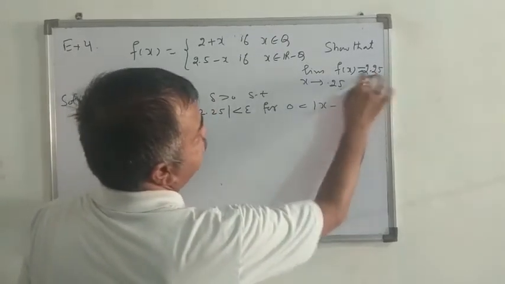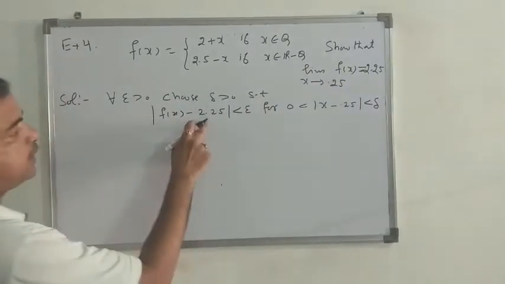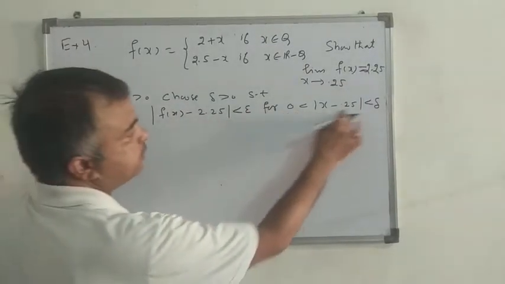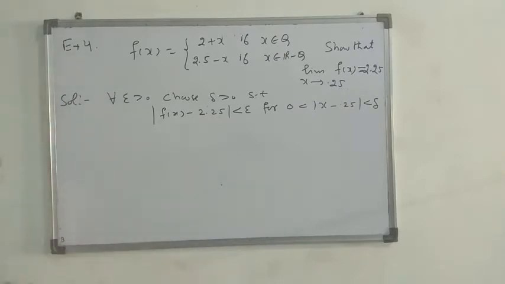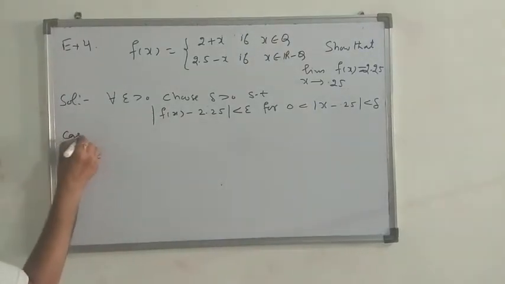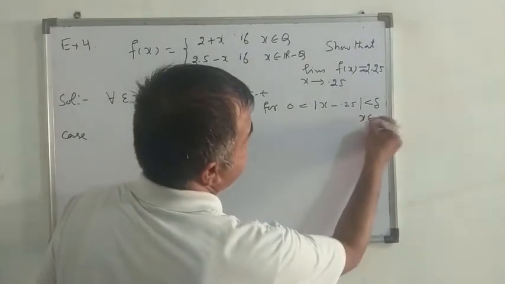Here this is the value of L, this is the value of c. So |f(x) − L| < epsilon for 0 < |x − c| < delta.